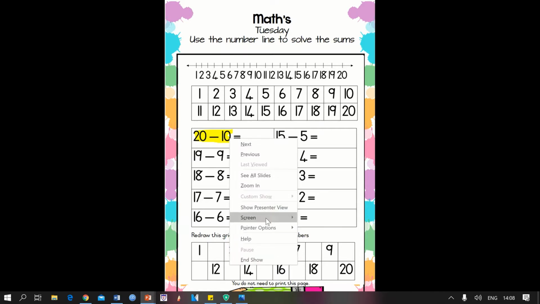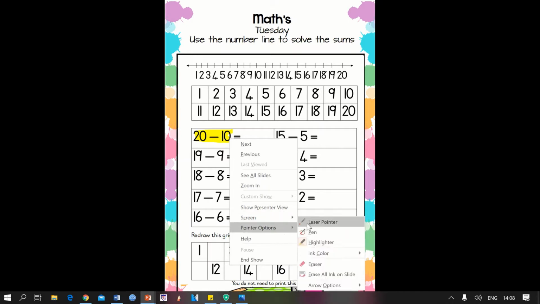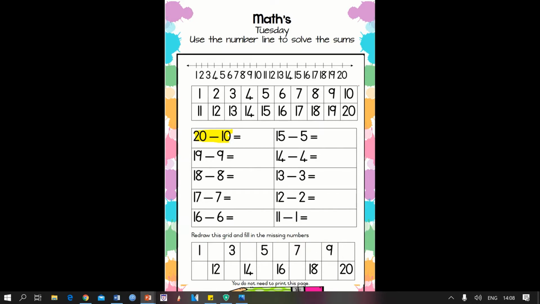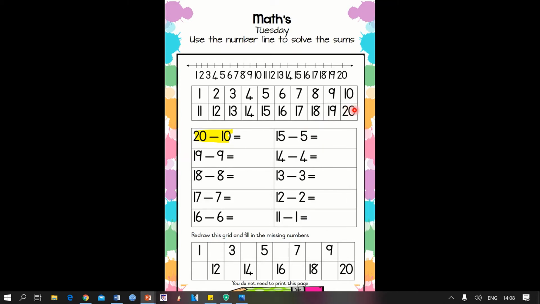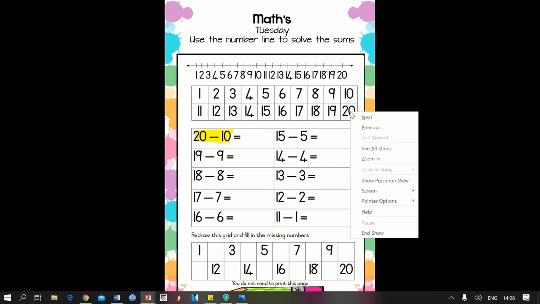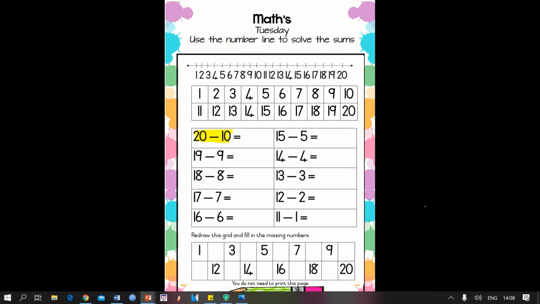When we solve our sums, usually in class, I get you guys to put your finger on your number chart. But for now, I can't really use my finger, so I'm going to show you guys with this pen. If it says 20, take away 10, we start with 20, which is here, right? So my finger would be there. And we need to take away 10, so I'm going to cross out 10 numbers.